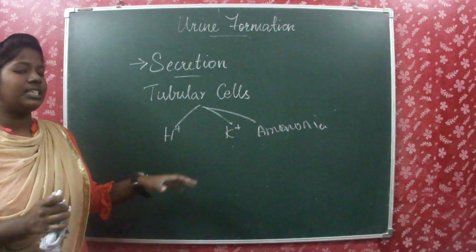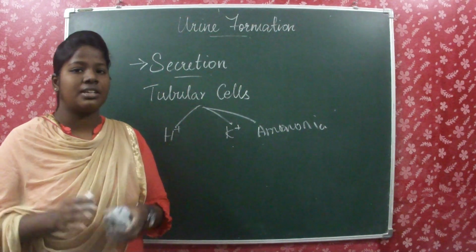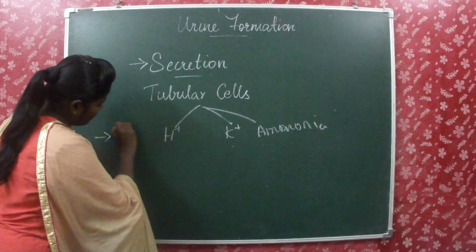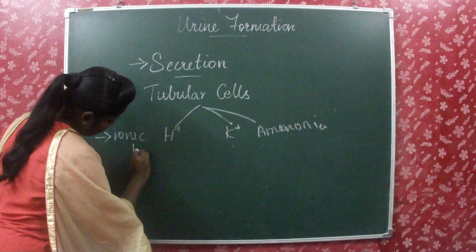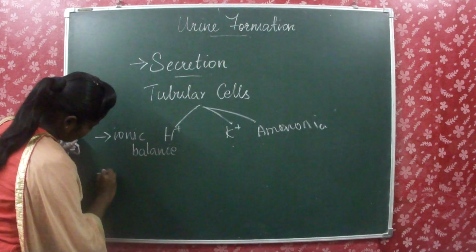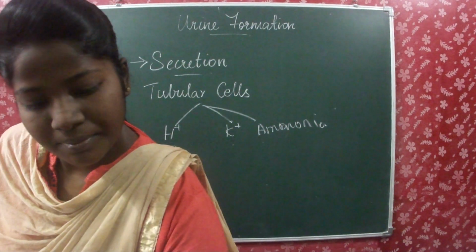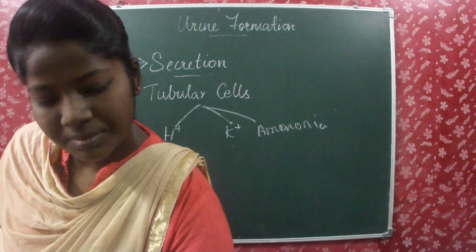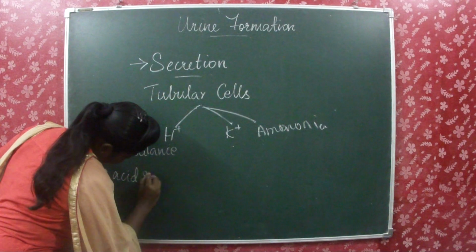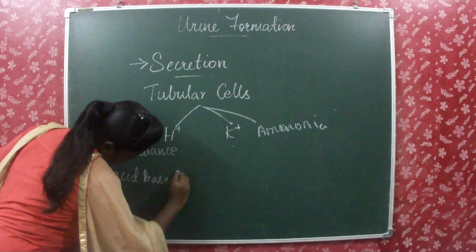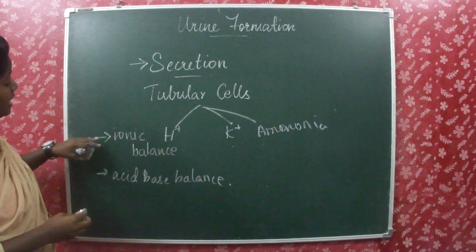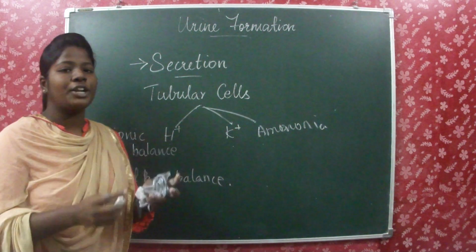This secretion is very important in urine formation because it maintains the ionic balance and acid-base balance of the body fluids, that is the blood.